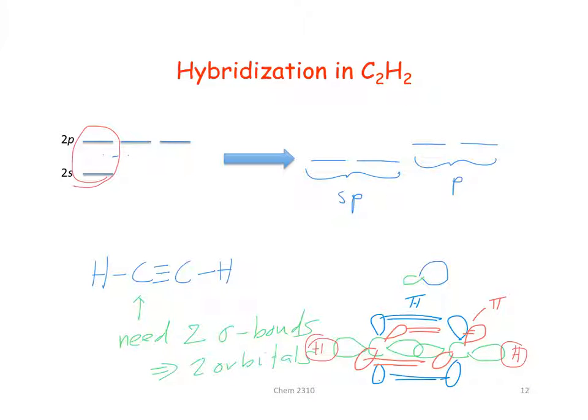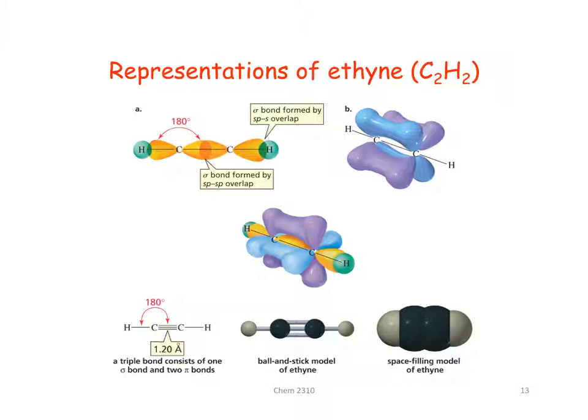So when we form a triple bond, we have a combination of 1 sigma bond plus 2 pi bonds. And the angle is 180 degrees apart. This shows the sp orbitals that are forming the sigma bond there, and here are the 2 pi bonds. Notice that they're essentially 90 degrees apart. In this case, we basically get this linear molecule for ethine.